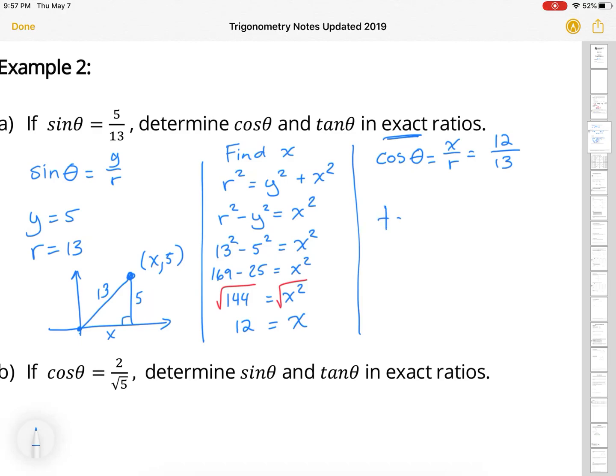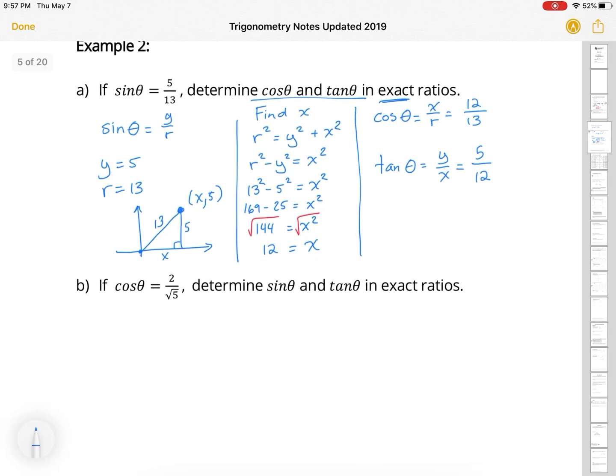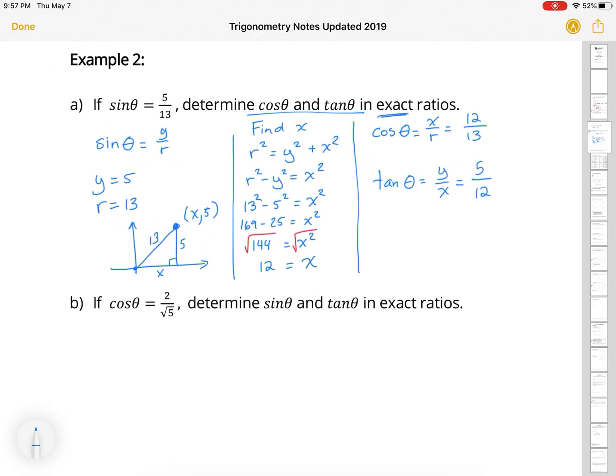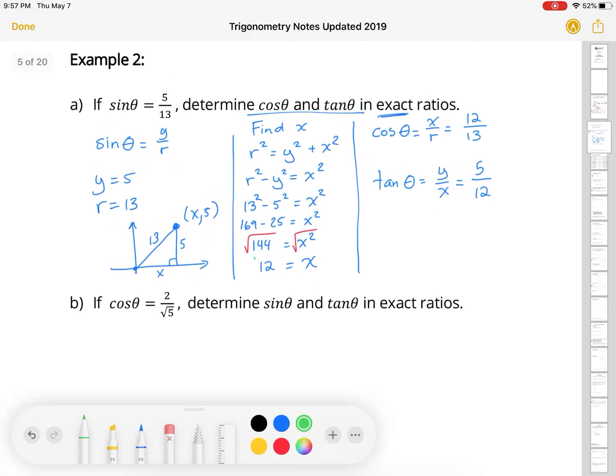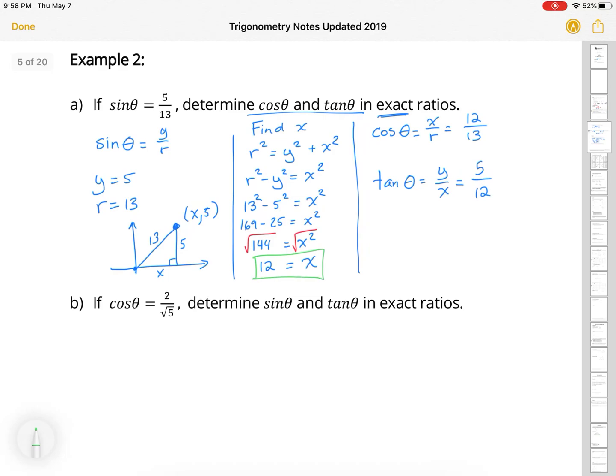And it says exact ratios, so we would leave it as a fraction. We would not change that because we're going to get a non-repeating decimal and it won't be an exact ratio. Tan theta, as we know, is equal to y over x. y is 5, x is 12. So now we have cosine theta and tan theta in exact ratios.